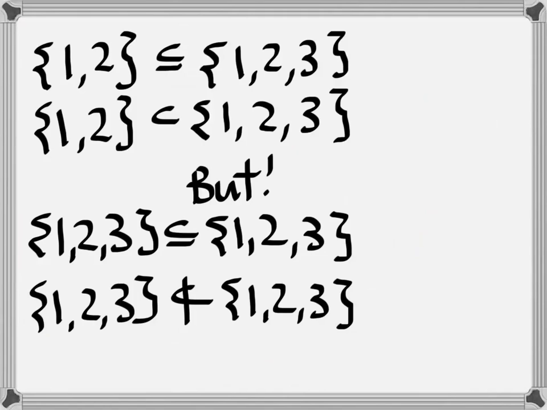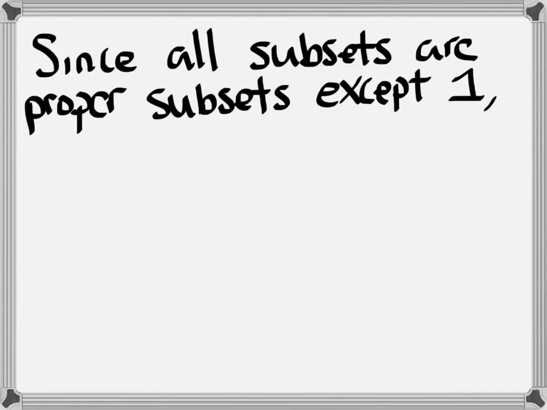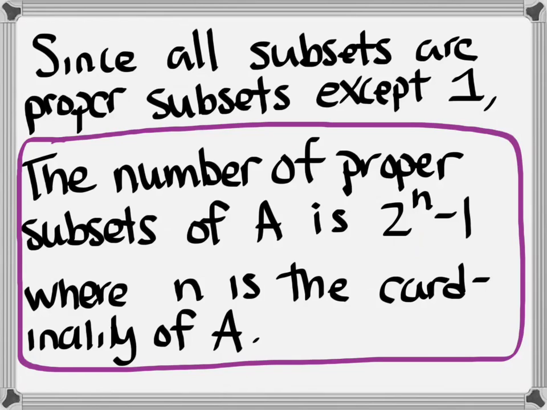For instance, the set {1, 2, 3} is a subset of the set {1, 2, 3}, but it's not a proper subset by definition. So since all subsets are proper subsets except one, it turns out that the number of proper subsets of A is 2 to the n minus 1, where n is the cardinality of A.